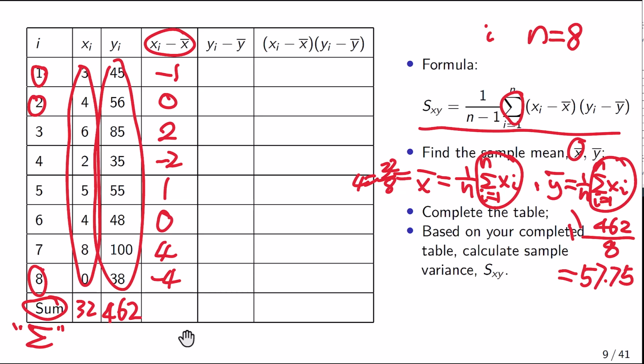As I talked about in lecture 1, if we sum all these xi minus x bar together, what do we get? Think about this one. -1 plus 1 cancels out, right? 2 and -2, 1 and -1, 4 and -4. So this ends up with 0.